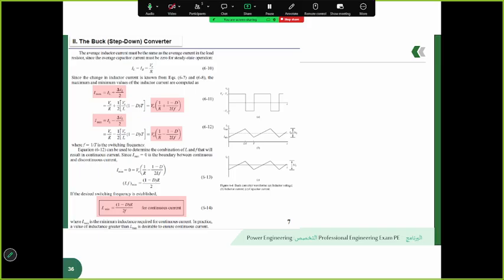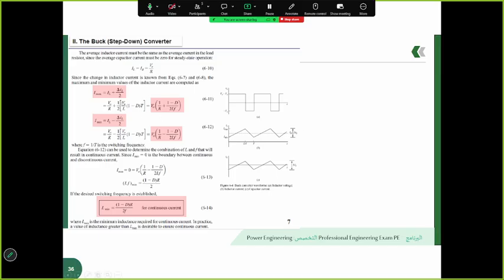At the top, the equation IL equal to IR equal to Vo over R shows that in steady state, the average inductor current must equal the load current, since the average current through the capacitor is zero. Next, the maximum and minimum values of the inductor current are derived. These values depend on the average current and the ripple current delta IL, which is caused by the switching operation.